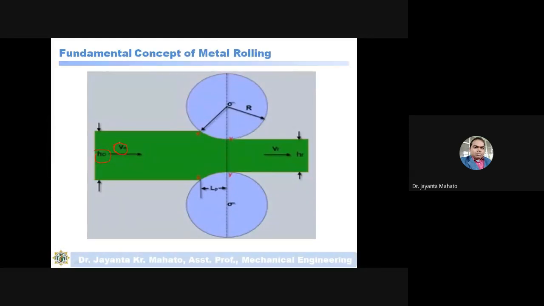This is the initial velocity of the material before entering the roller, and after passing, after deformation, the velocity is VR and the height is HR. Okay, means after rolling.